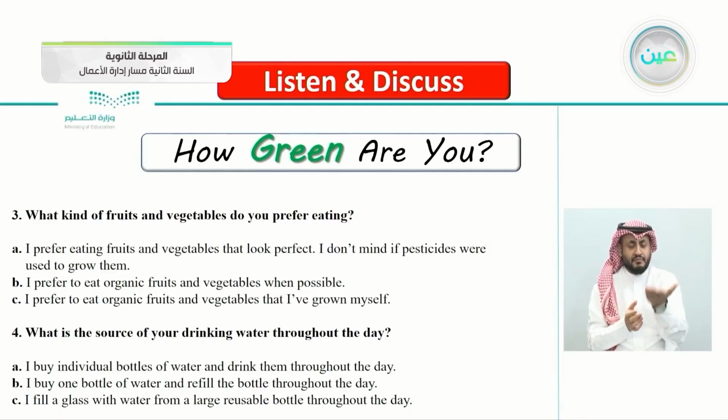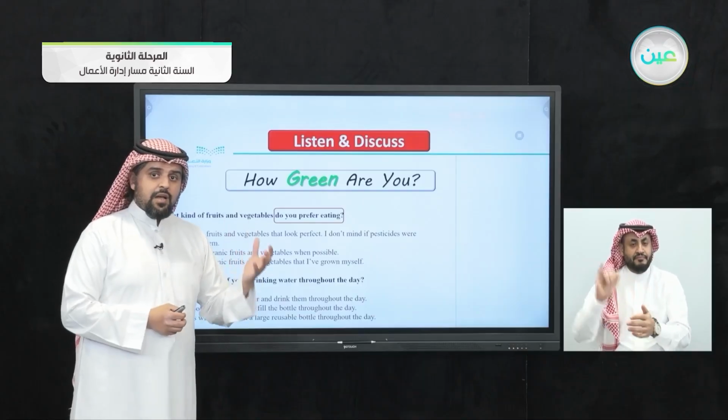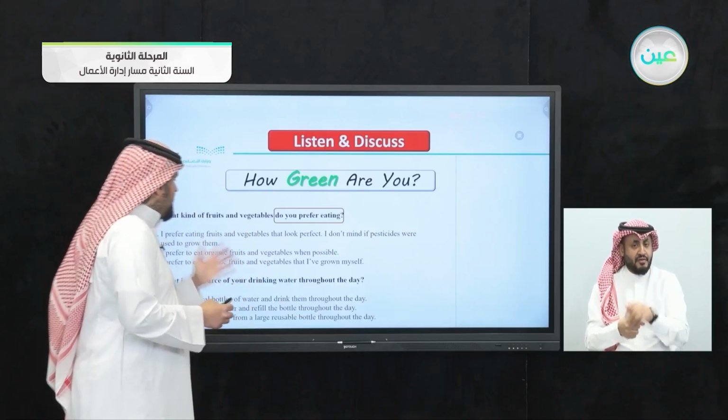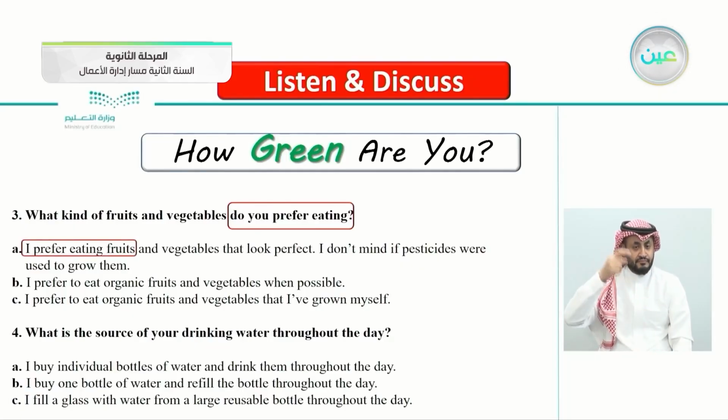So let's check the answer here together. What kind of fruits and vegetables do you prefer eating? So the verb here is prefer. What comes after prefer, the ing form, is a gerund. It's a noun. It's not a verb. Also here, I prefer eating fruits. It's the same verb actually, prefer and prefer.